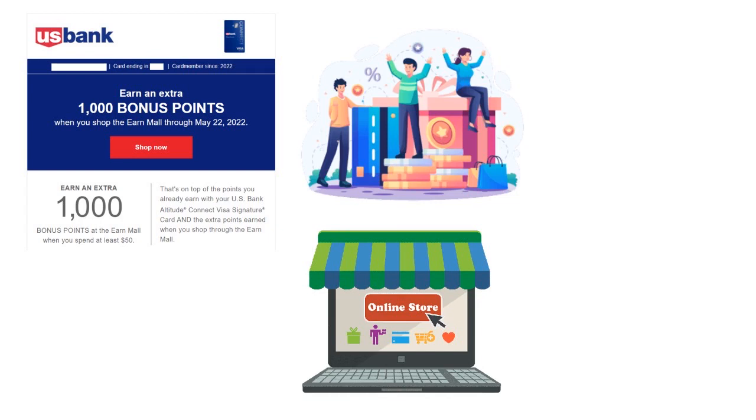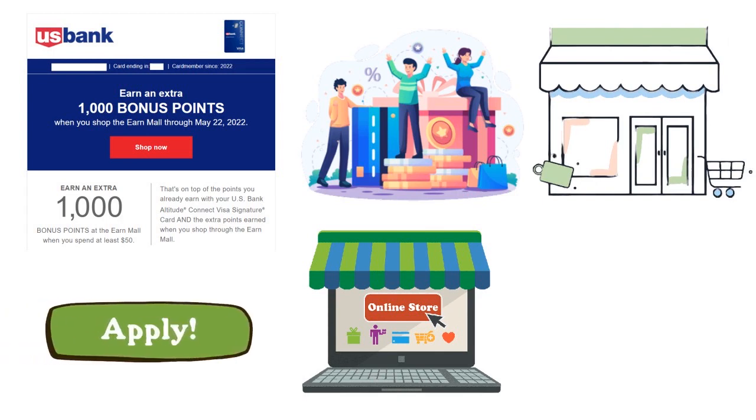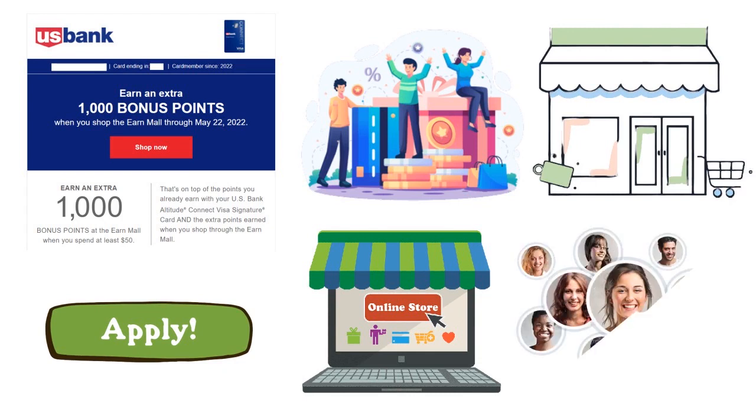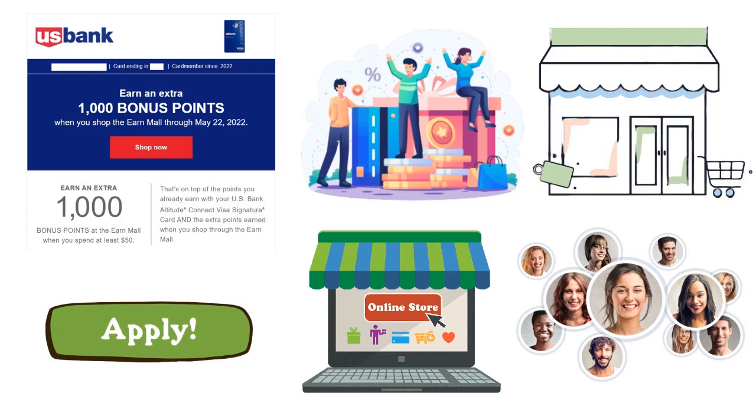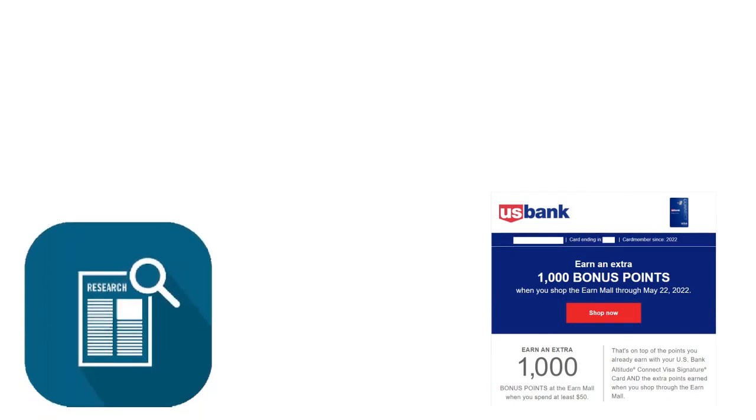You've got to check this out, because basically US Bank is telling retailers all over the states, listen, you want to expose your products here, and we'll give you a steady flow of potential customers. And retailers, they'll love this sort of opportunity anyway. So it's called the Rewards Center Earn Mall. Make sure you do some research about that, because you might find that it's pretty diverse, and it's pretty good for your own situation, right?